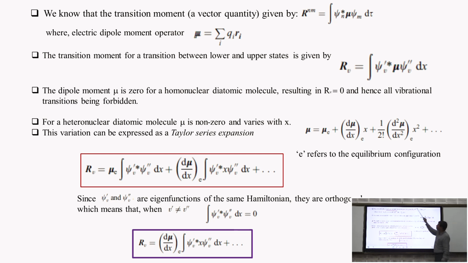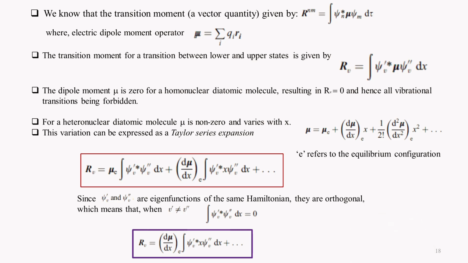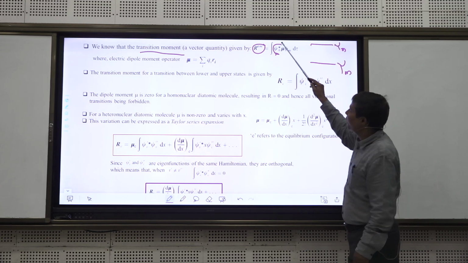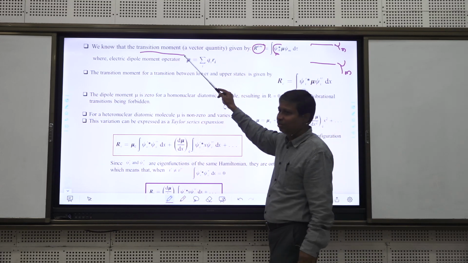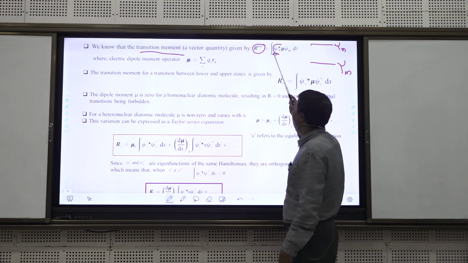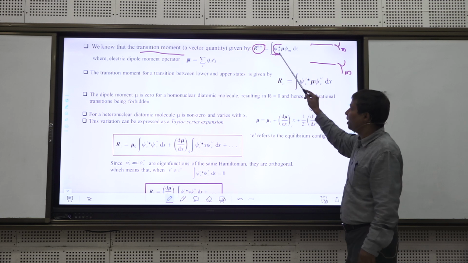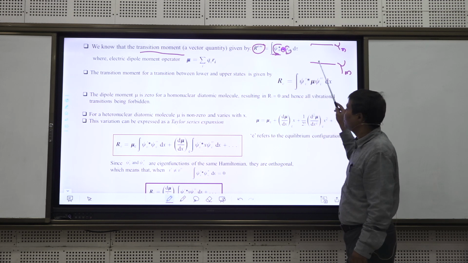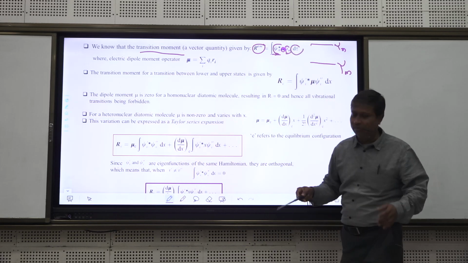If you think of the transition moment between two states, M is the ground state and N is the excited state. The transition moment is the integral of psi star N, the dipole moment vector, and psi M, d tau volume element.